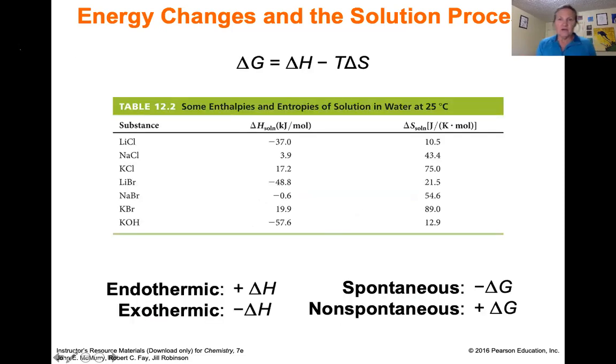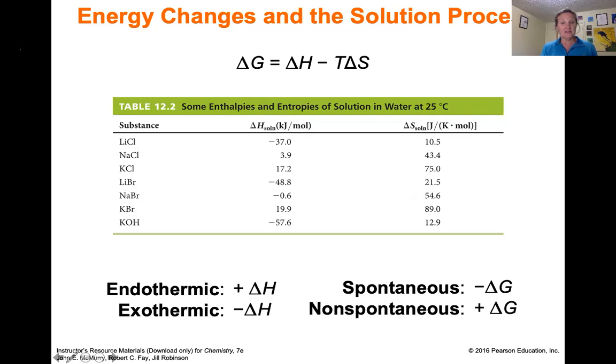And so we'll talk a lot more about a change in Gibbs free energy in one of the last chapters in this class, but at least in 107, you should have been introduced to the idea that it's really delta G, a change in Gibbs free energy, that will tell you if a process is spontaneous. So that combines both the delta H, the change in energy essentially, with the delta S, the change in entropy or the randomness. And you can either end up with positive or negative when you try to dissolve two things.